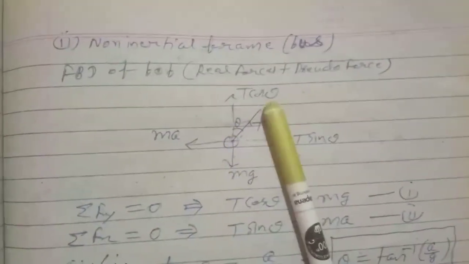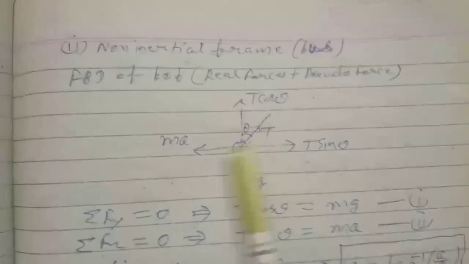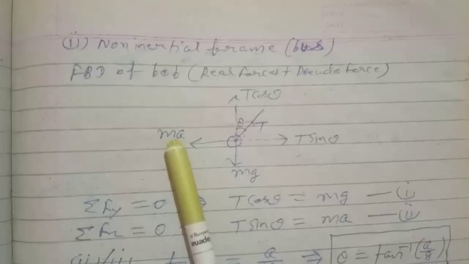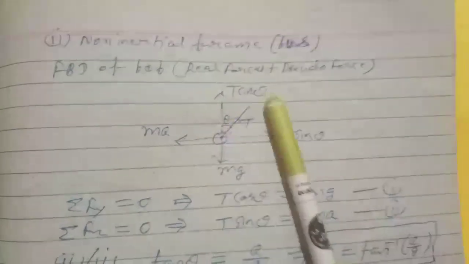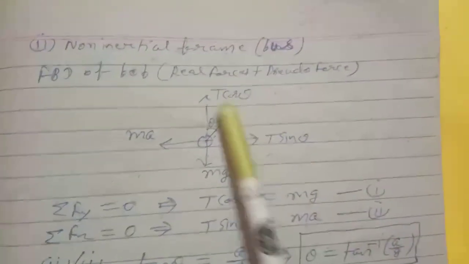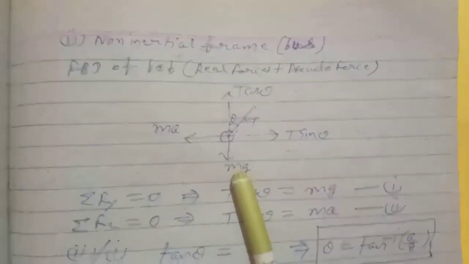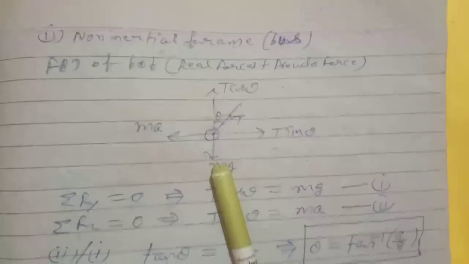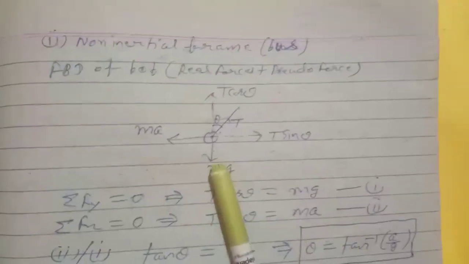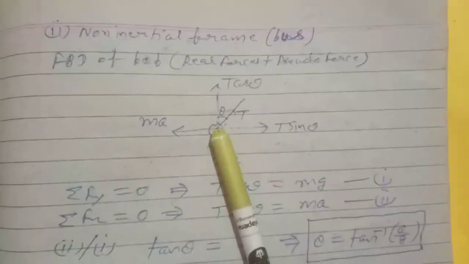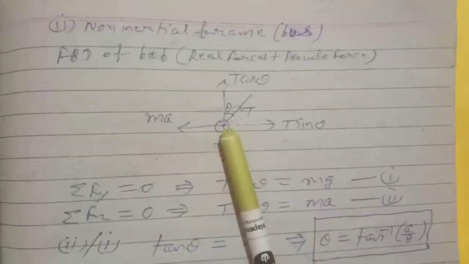Then we have to apply a pseudo force in the opposite direction. So this is the pseudo force, mass into acceleration. Now this is the tension, and we have components T cos theta and T sin theta, and the weight of the body is in downward direction, because from frame of the bus, bob is at rest.